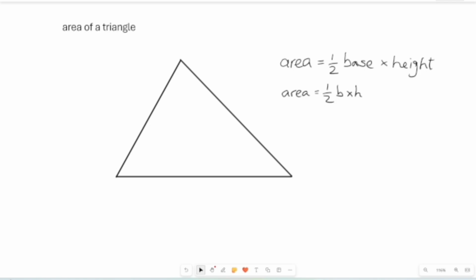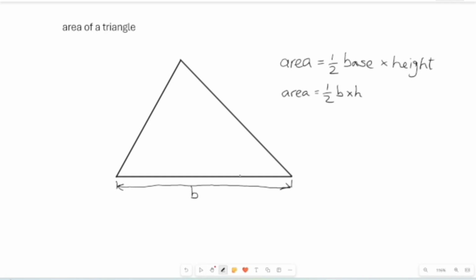It's very important that you get the dimensions of the base and the height correct. The base dimension is the length of this line here, where if the triangle was sitting on the bench, that would be its base.